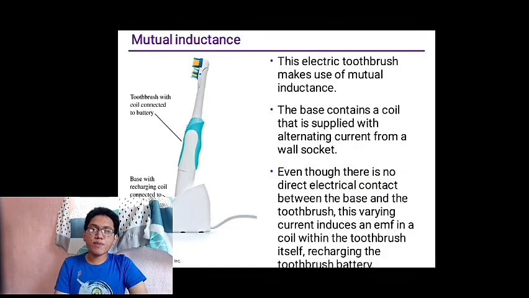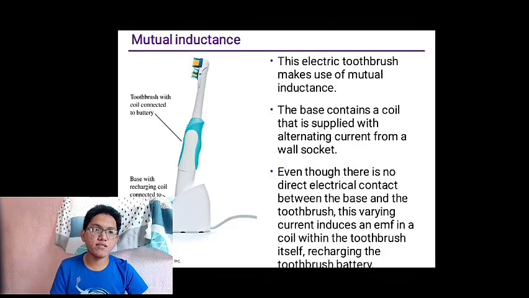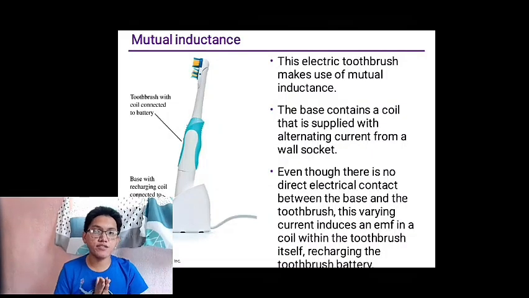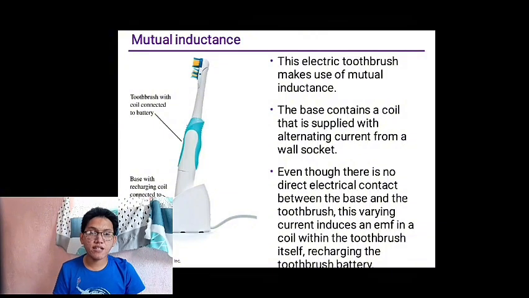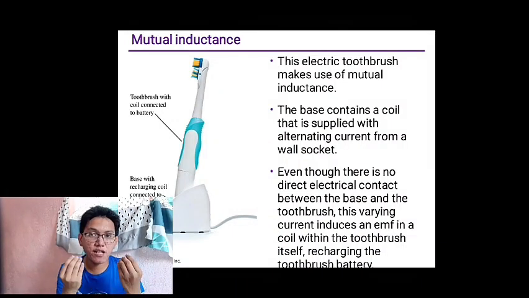We have the application of the electric toothbrush. This slide shows an electric toothbrush that uses mutual inductance. The base contains a coil connected to an alternating current source. This alternating current produces a changing magnetic field even though there is no direct electrical contact between the base and the toothbrush.